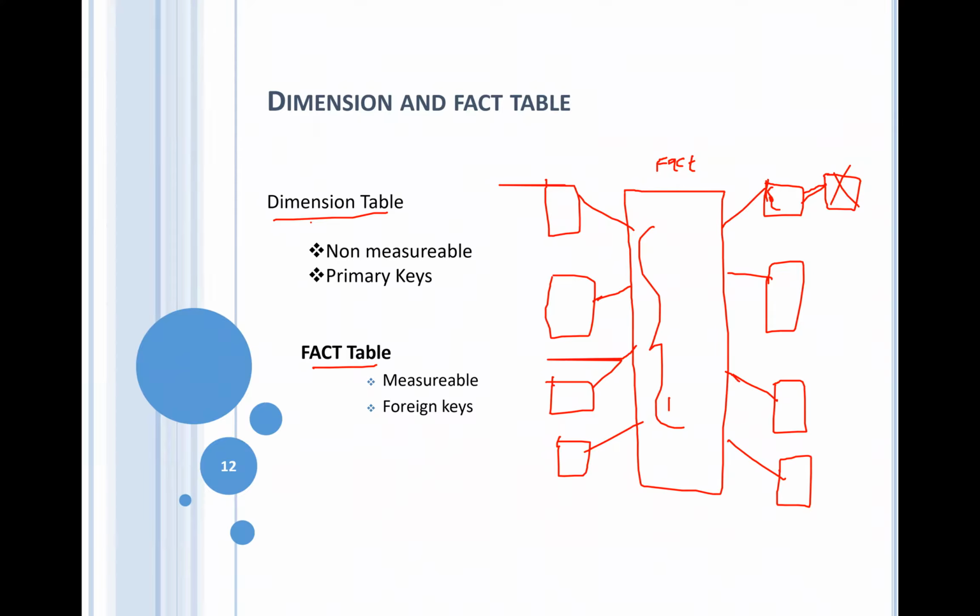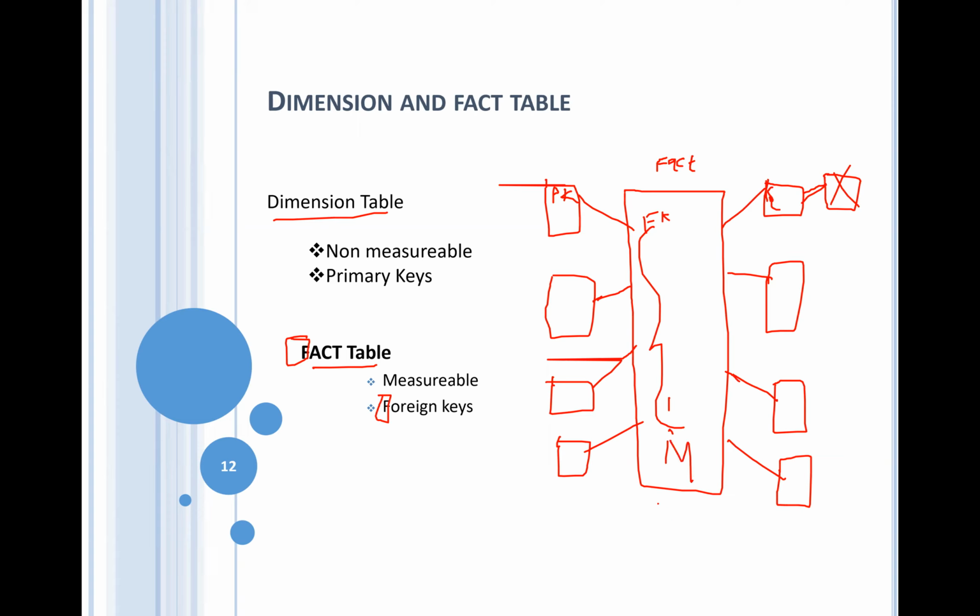I will tell you. See, always remember the fact table, right? Fact table will have foreign keys. You assume that the fact table will have foreign keys. So the dimension table will have a primary key, right? So these primary keys are kept in the fact table. So the fact table is always having foreign keys and measures.